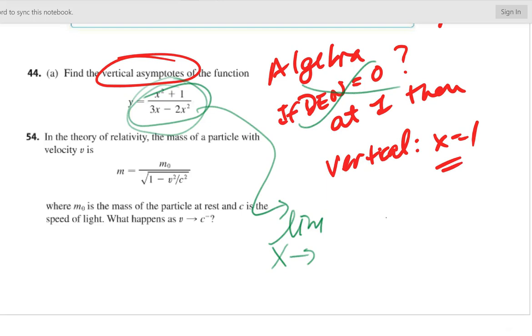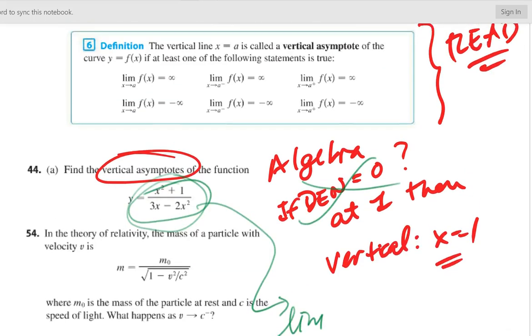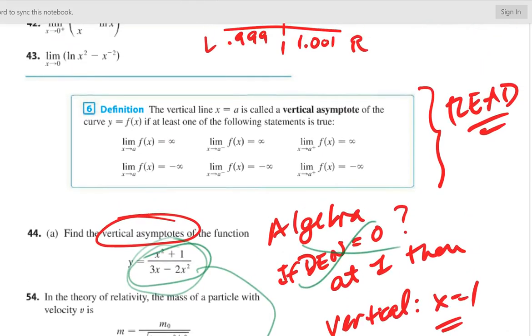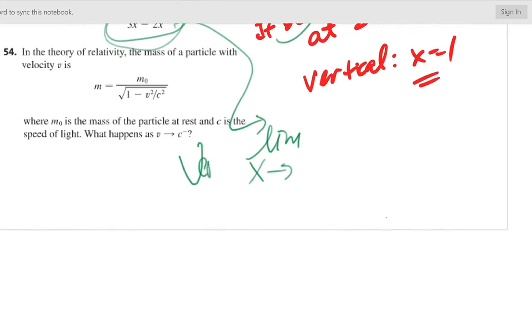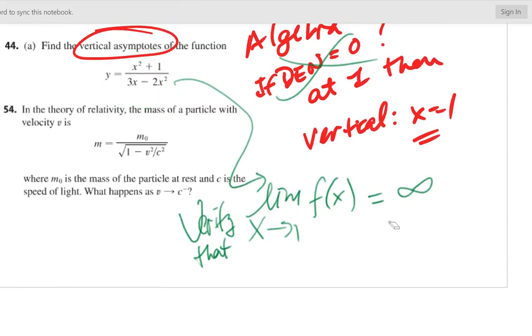So what you need to do is find the vertical asymptote and verify that the limit of f of x as x goes to 1 is infinity. Now, I'm not talking about this function here. For this function, I don't know what the vertical asymptote is; you'd have to set the denominator equal to 0. It's not hard. I'm just talking about in general. And that's what you got.